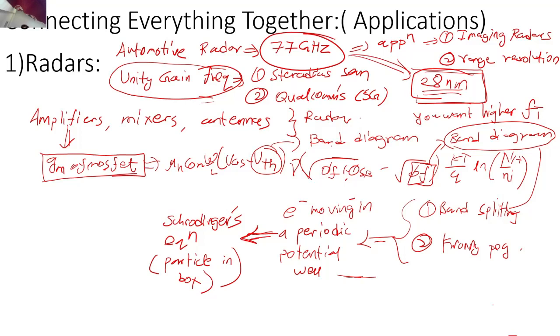So we first selected the frequency, then from there we selected the technology node according to our unity gain frequency concept. By the way, the selection of the technology node I'm talking about is with respect to the analog and RF side. If you talk about the processor, then this is not how we select the technology node. Microprocessors and other stuff are digital circuits, and you want them to consume as little power as possible and be as small as possible.